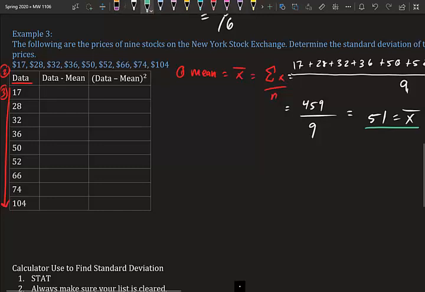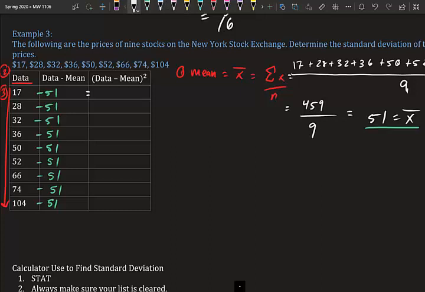What you can do is just do 17 minus 51, 28 minus 51, 32 minus 51, 36 minus 51, 50 minus 51, 52 minus 51, 66 minus 51, 74 minus 51, and 104 minus 51. And then we can equal it, because we're going to square it. So when we figure out those values, we'll just put them in the data minus mean squared column.